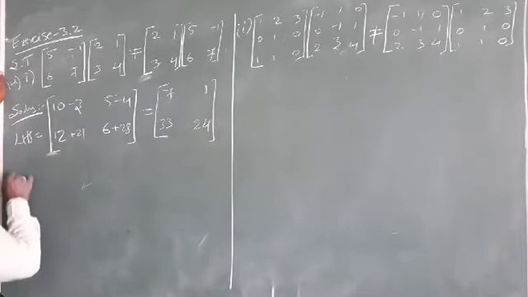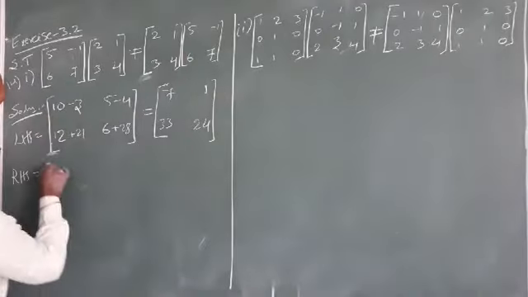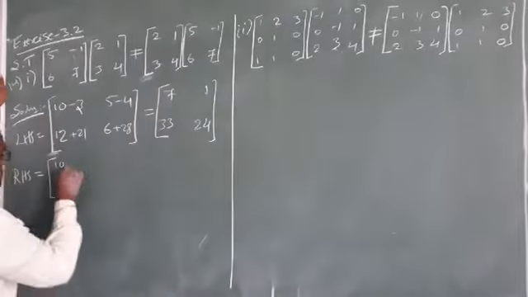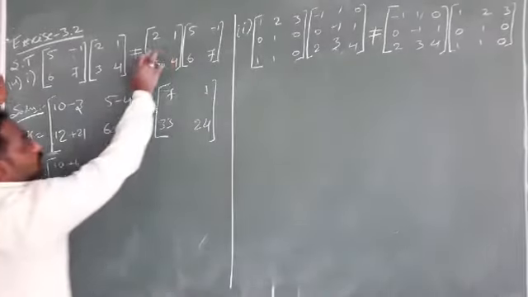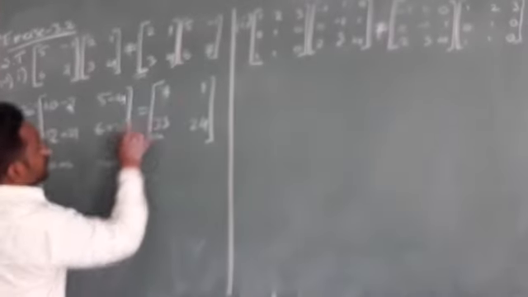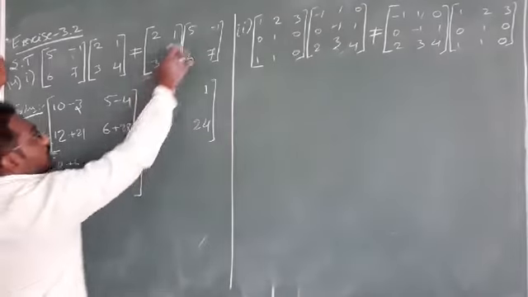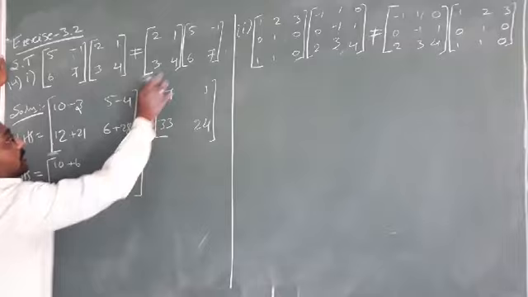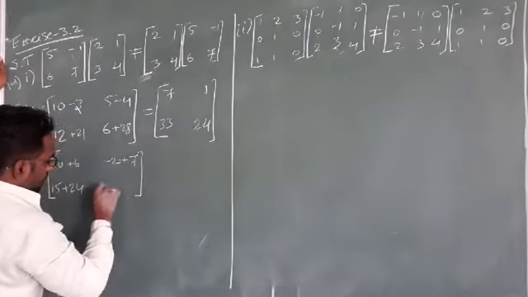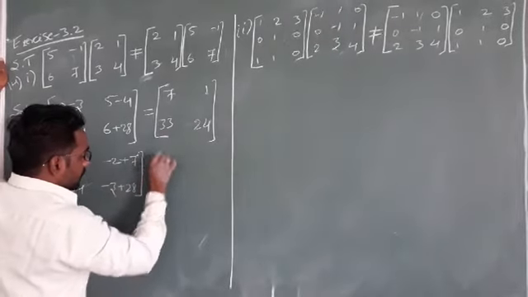Okay. Next, RHS. What is the RHS here, students? 2 into 5, that is 10. 1 into 6, that is plus 6. 2 into minus 1, minus 2. 1 into 7, that is plus 7. 3 into 5, 15, plus 4 into 6, that is 24. 3 into minus 1, minus 3. 4 into 7, plus 28.